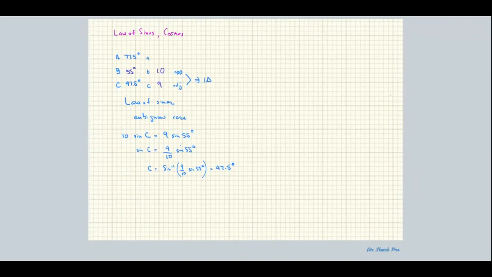We locked it down. I know angle A, and we were given all the B stuff, so let's go for crisscross with the B stuff. A sine B is B sine A. We could do it with angle C and side C, but because we were calculating at least one of those, I want to work with the numbers that we were given.